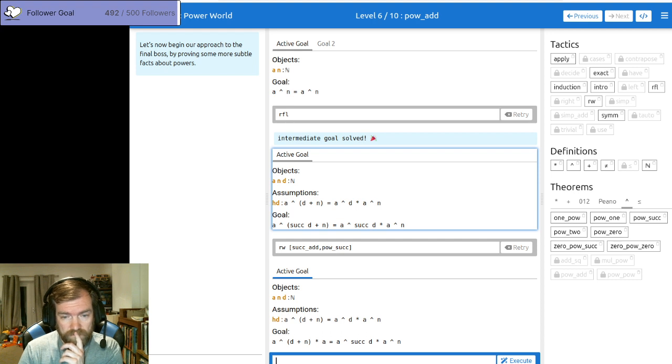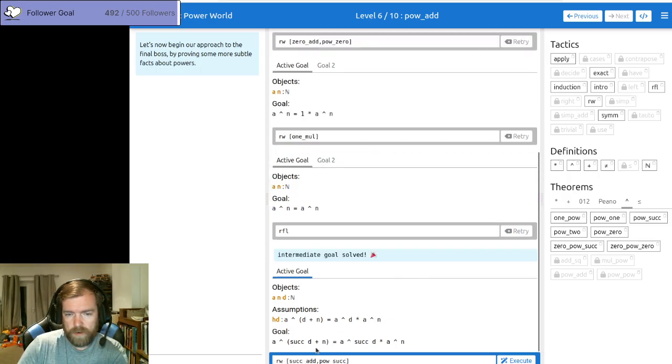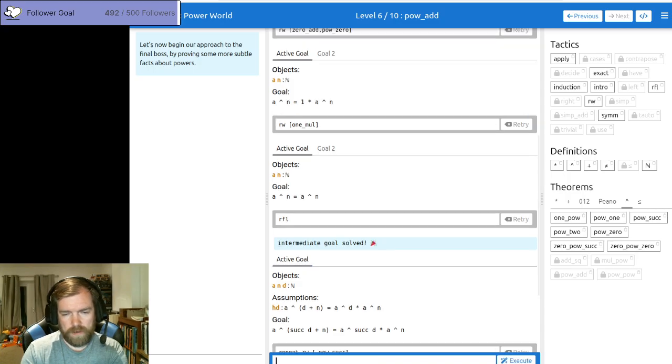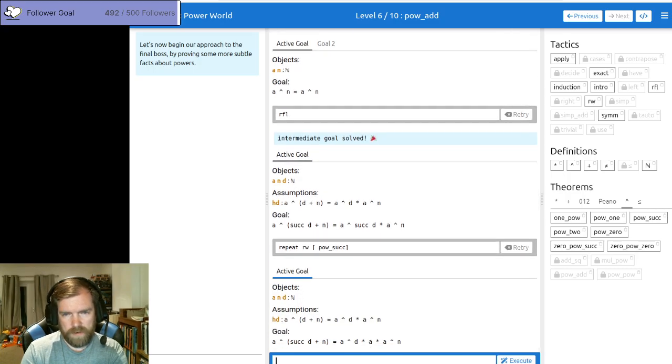Uh-oh. Interesting. Okay, so in fact, we're going to go up here. We can do repeat. No, I don't think I can, right? Yeah, the one on the left doesn't work.